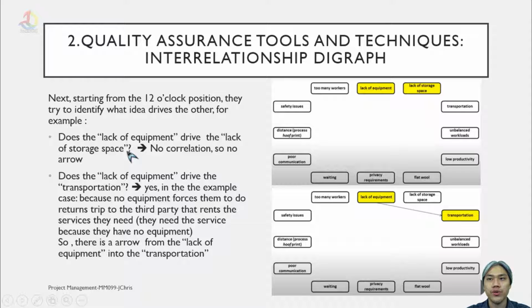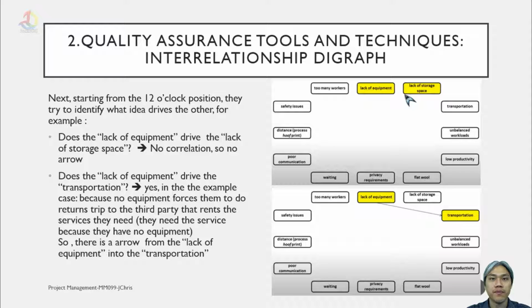Because there is no clear and defined relationship between these two problems, we have no correlation, so we don't put any arrow here. Now, does the lack of equipment drive the problem in transportation?